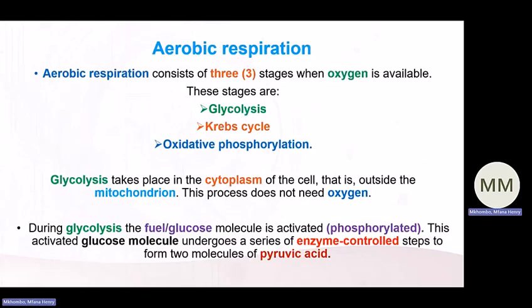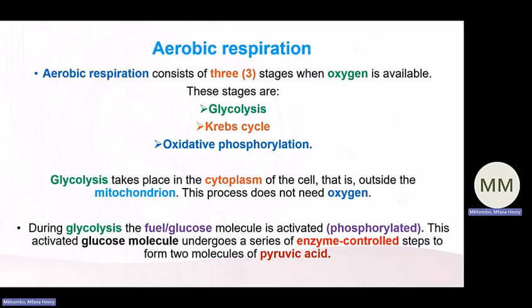So we also have aerobic respiration. Aerobic respiration consists of 3 stages when oxygen is available. Aerobic respiration is a type of reaction where oxygen is required to take place.